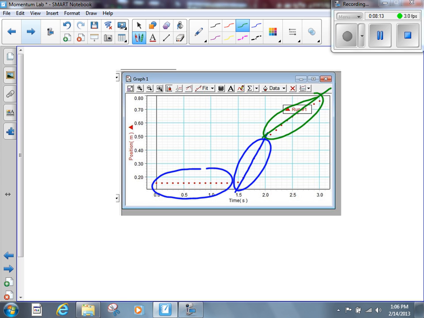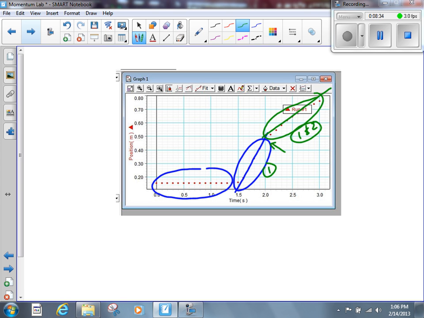What's happened right here? The collision. So it's moving at a certain speed, cart number 1, then they collide, and then cart number 1 and 2 combined move off with a lower velocity. Why do they move off with a lower velocity? They have the same momentum, but more mass. Same momentum, more mass, it's going to be a lower velocity.